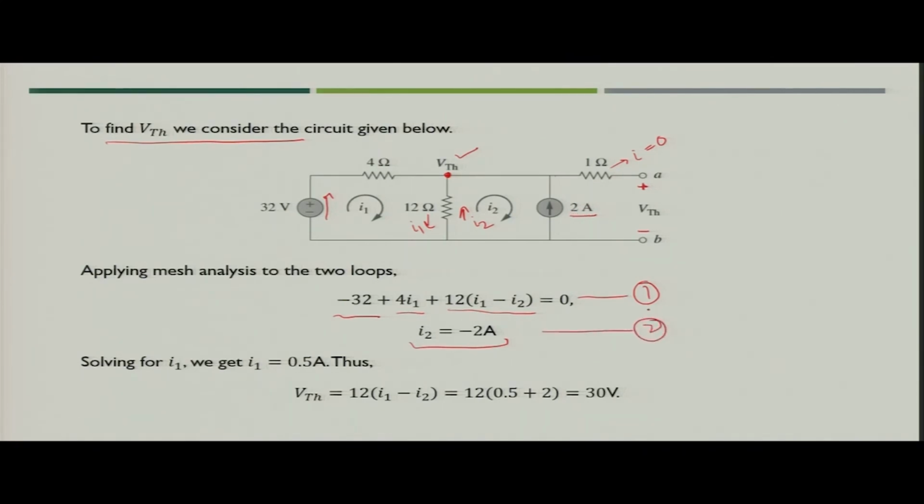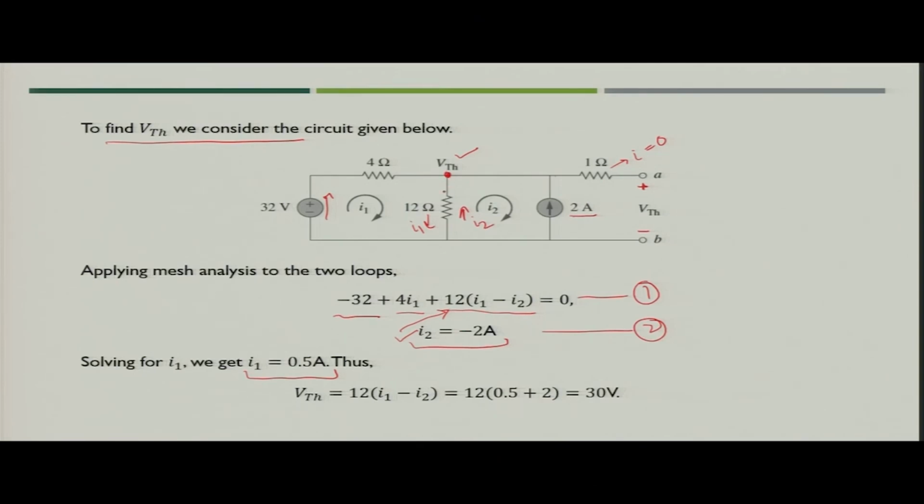So, now you have got two equations, I2 you have straight away found. Next, you have to just place the value of I2 in this equation, and you will get current I1 as 0.5 ampere.